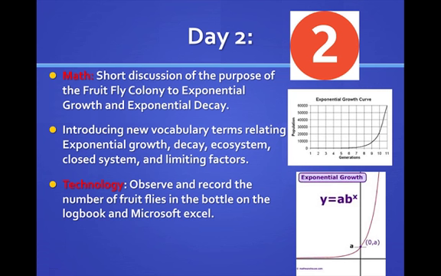And you can see these vocabulary terms relate not only to the science field, but also to the math field. Also, I'm going to have students observe and record the number of fruit flies on day 2, and log it in the logbook and in Microsoft Excel.